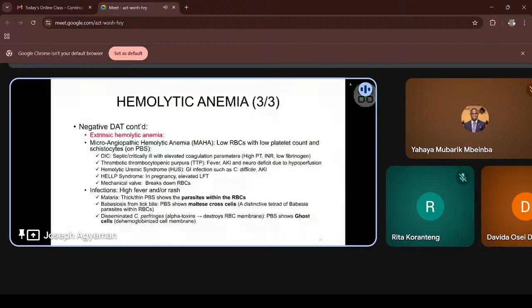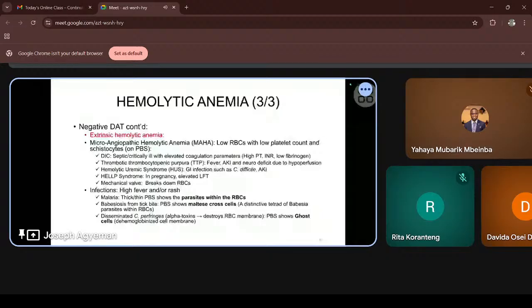Hemolytic uremic syndrome normally comes with infections such as Clostridium difficile infections. So you isolate C. difficile, issues like AKI will be detected together with the general markers for MAHA: low RBC, thrombocytopenia, schizocytes. Or HELLP syndrome, for those doing OBG as their electives.